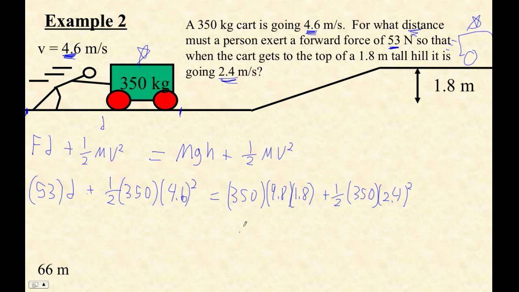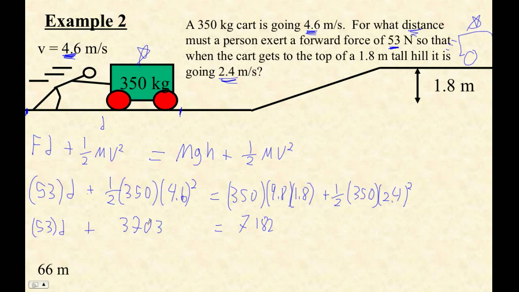And I get this whole side all added together is 7182 joules, right? And then 0.5 times 350 times 4.6 squared, that's 3703, plus 53 times d.